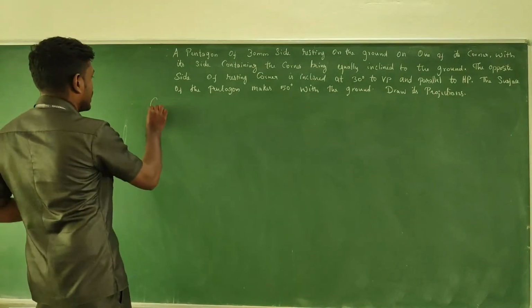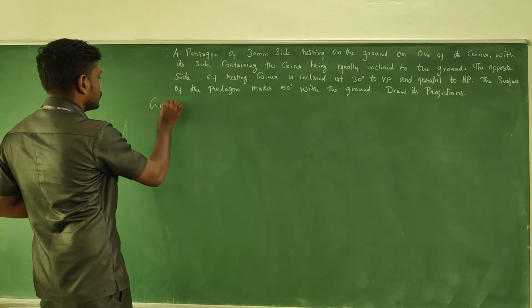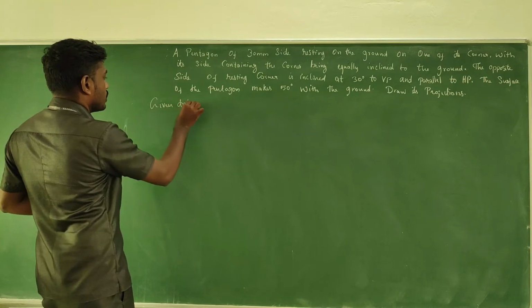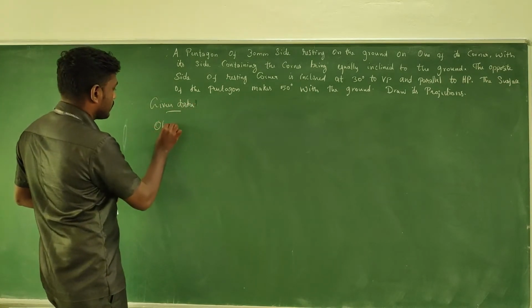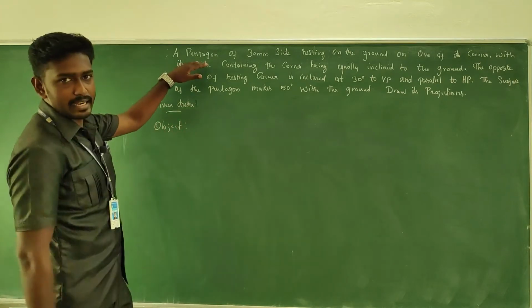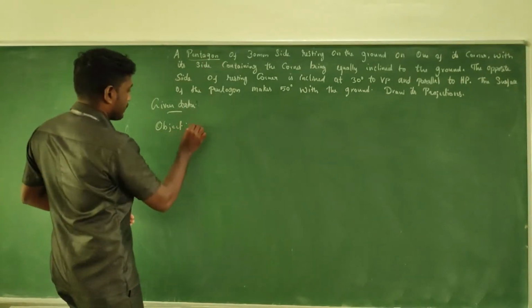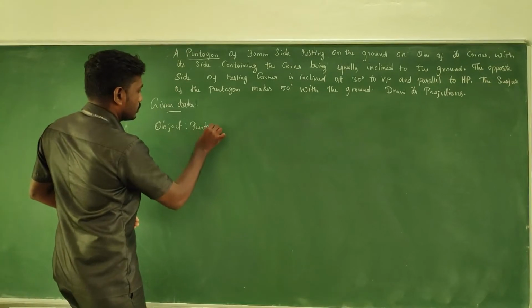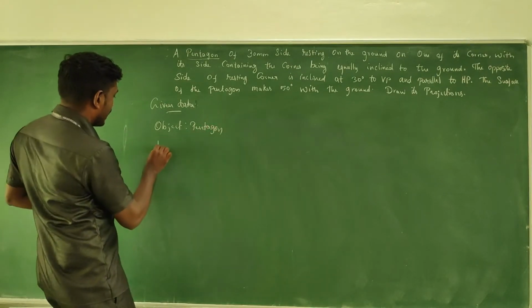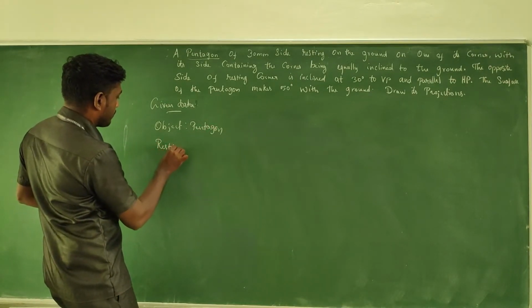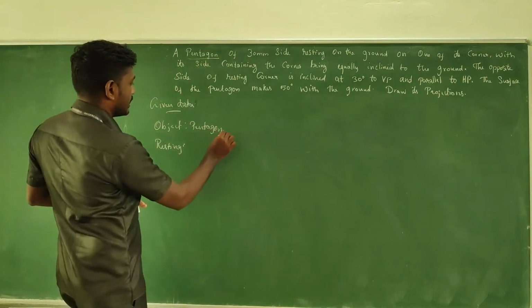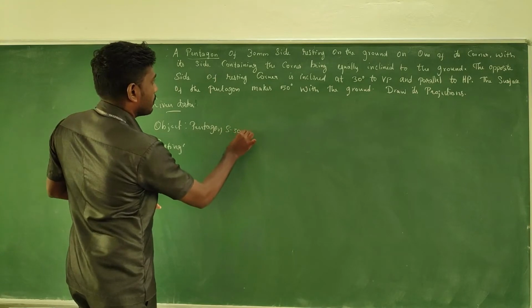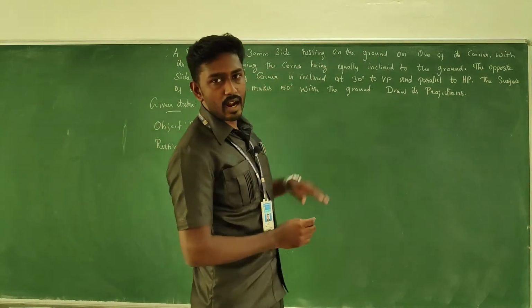So take the given data. What is the object? Pentagon. Resting: how is it resting? The pentagon with the side 30 mm resting on the ground.